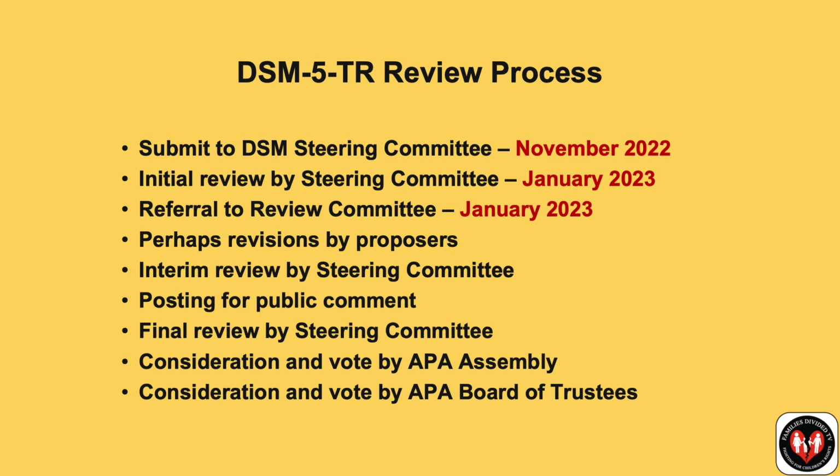Specifically, it goes to the APA Assembly, which is kind of like the Congress of the APA, and they discuss it and vote on whether there should be a new diagnosis in that chapter called Other Conditions. And then the final step, it goes to the APA Board of Trustees. It has to pass a vote in both of those bodies to be considered and accepted as a new diagnosis.